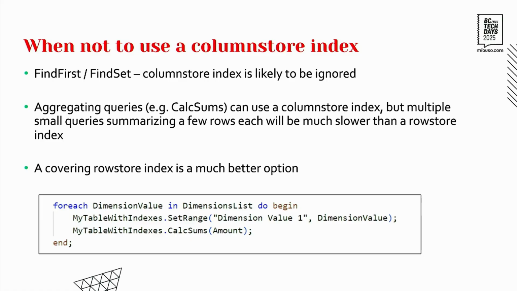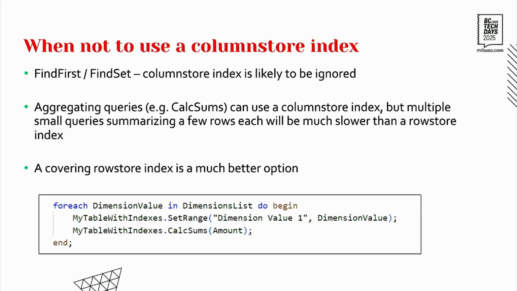A covering index will be a much better option in this case. The code snippet I'm showing here is exactly an example of when a Columnstore index is likely to be very, very inefficient. I have my benchmark table, the same table with indexes, and the list of dimensions.